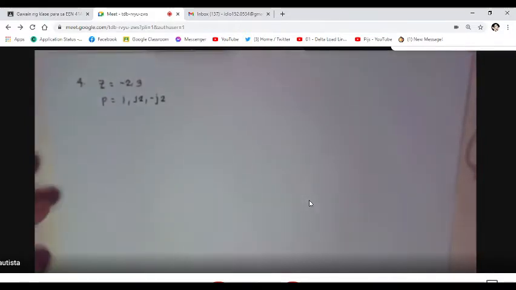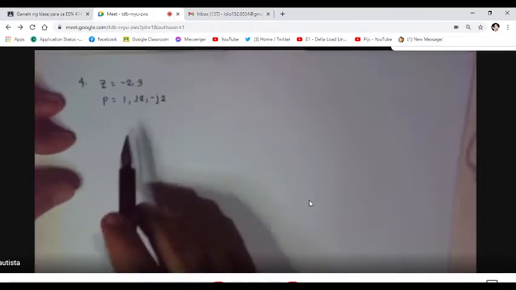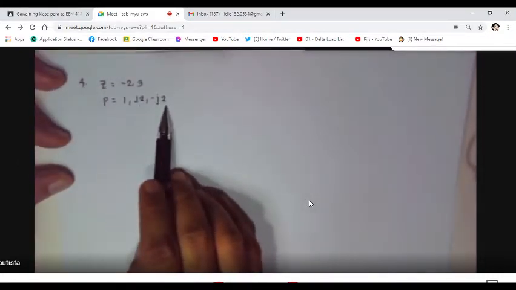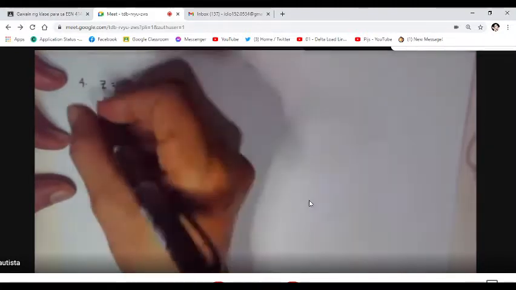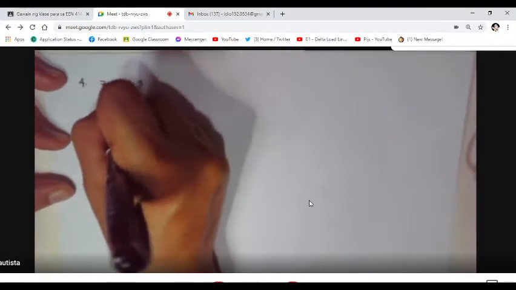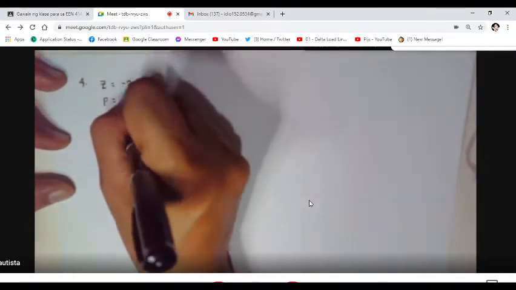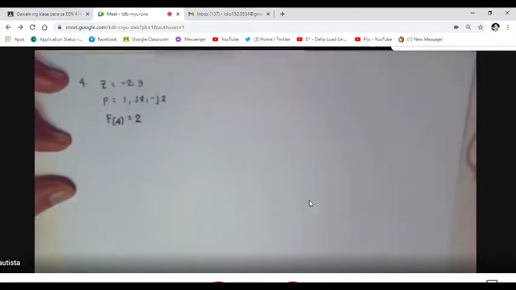The value of the transfer function, so f of 4 is equal to 2.